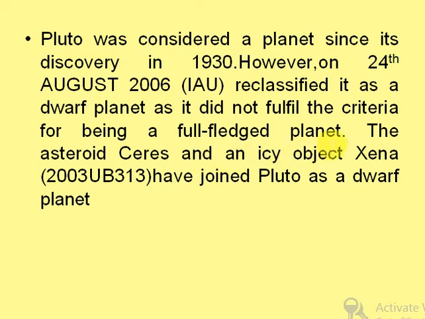The asteroid Ceres and an icy object Eris have joined Pluto as dwarf planets. So it was in 2006 that Pluto was taken out from the category of planet and was put in the category of dwarf planet.